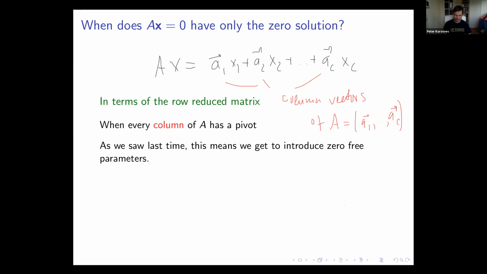If we require that this is equal to 0, the fact that this equation has only the 0 solution means that vectors a1 through ac are linearly independent. In other words, there's only a trivial linear combination, where all x's are 0, which makes that 0. So there's at most one solution.